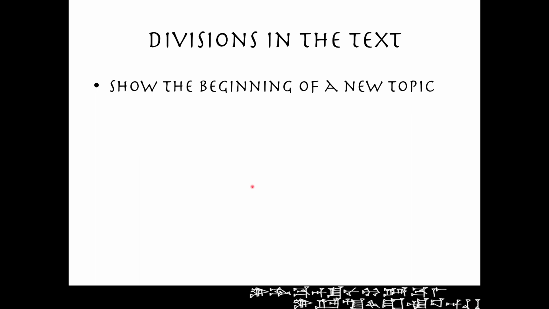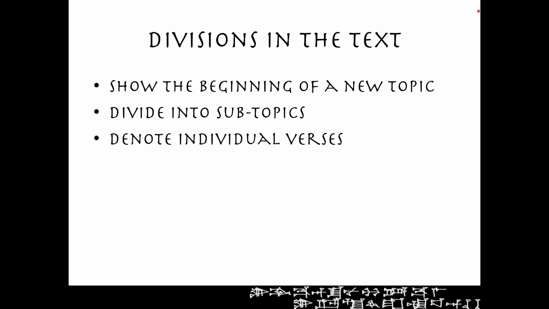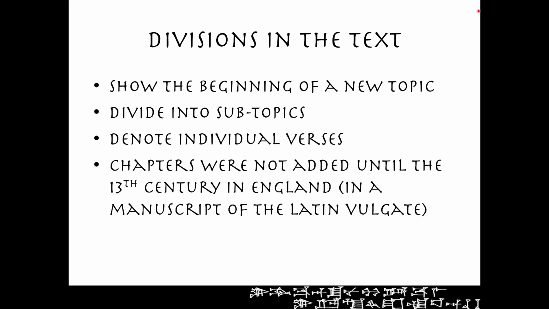So divisions in the text: without going into a whole lot of detail, there were divisions placed in the text by the Masoretes specifically to show the beginning of a new topic, to divide that new topic into subtopics, and then to denote individual verses. Now, in the 13th century, chapters were added in England, but in a manuscript of the Latin Vulgate, and these chapters were brought over in the transmission of the text later on.